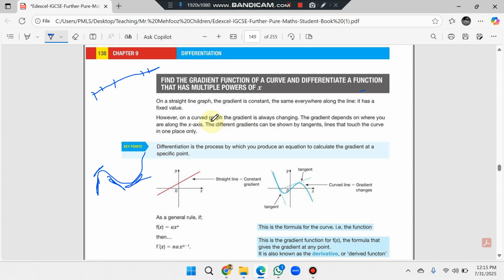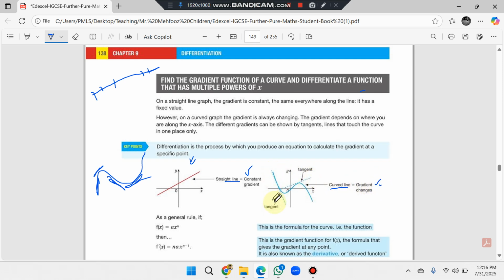Now we have learned previously what a gradient is. Gradient is basically a slope, a tangent, right? You can see that this is a straight line, and the straight line has a constant gradient, and this is a curved line, and a curved line has a changing gradient.